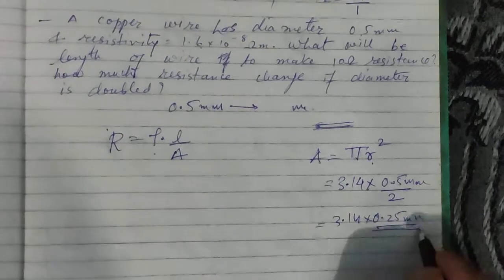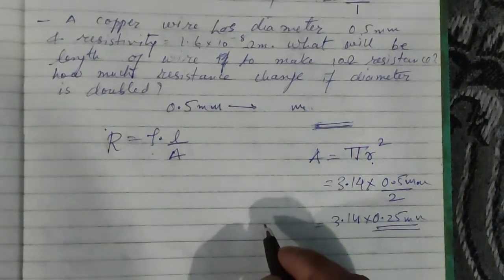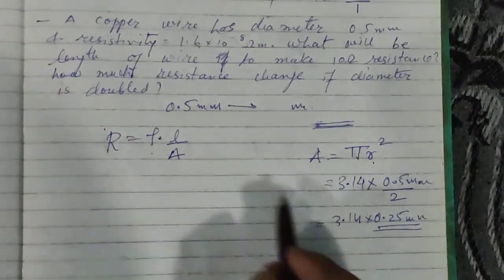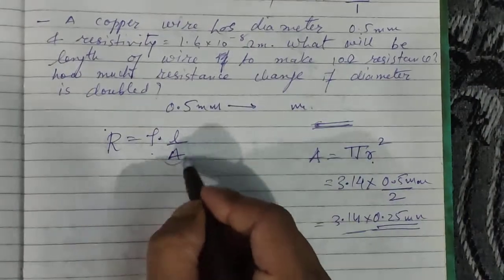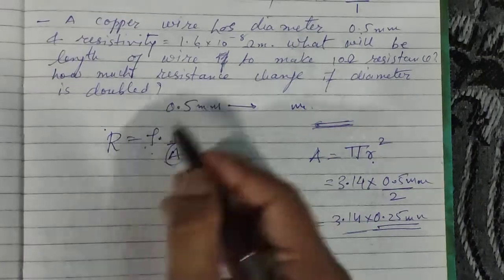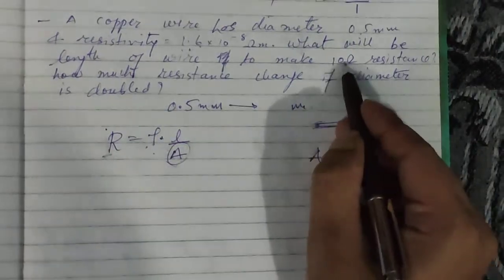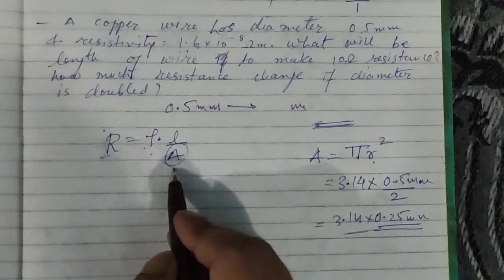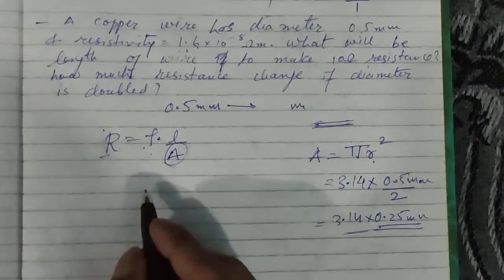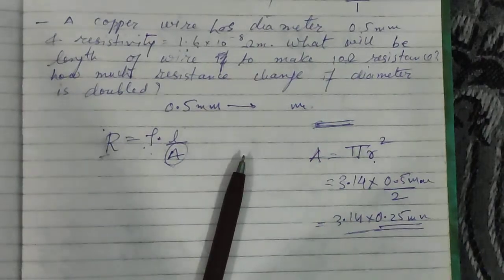Now you have the radius as 0.25 millimeters, convert it into meters, and then use this formula, find the area, and put the value of area here. You have been given resistivity and resistance is given as 10 ohms. So you want to make 10 ohms and then find the length. We will solve this numerical in the next video.